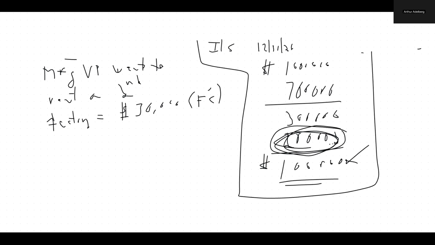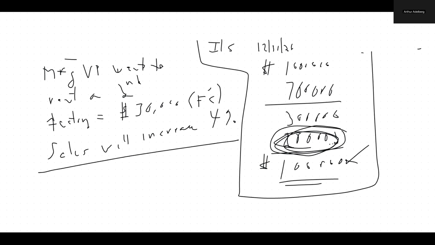So the manager tells us that if we have the second factory, the number of units we sell will increase 4%. And I want to know if that's a good decision or not. So the first thing we should figure out is, if sales increase 4%, how many additional units will we be selling?